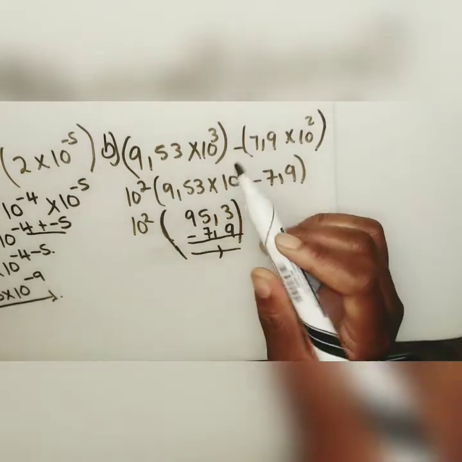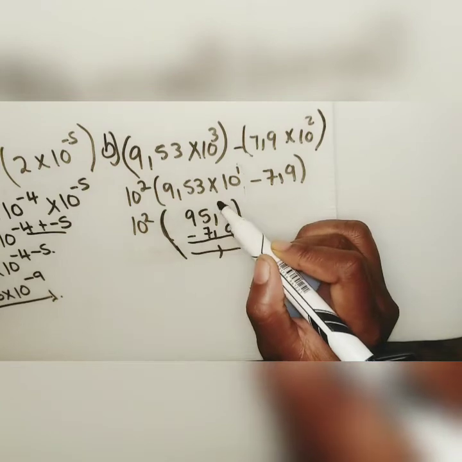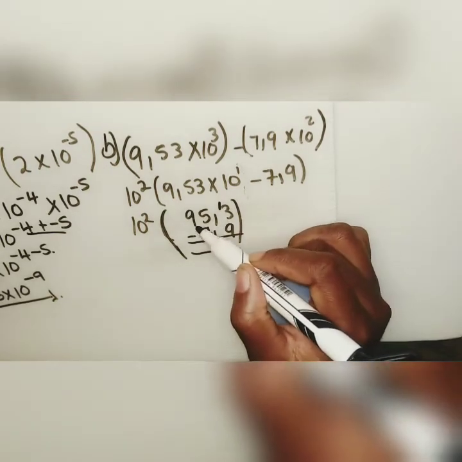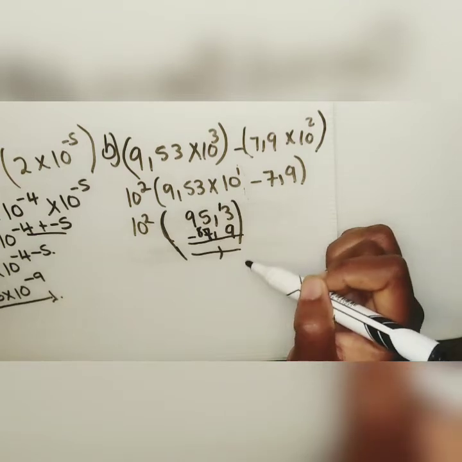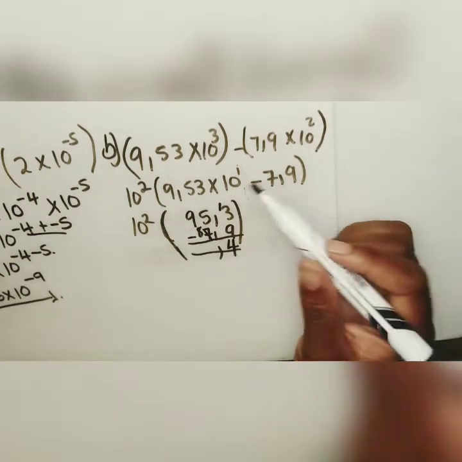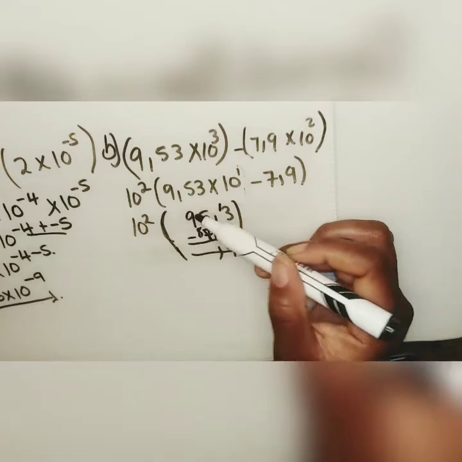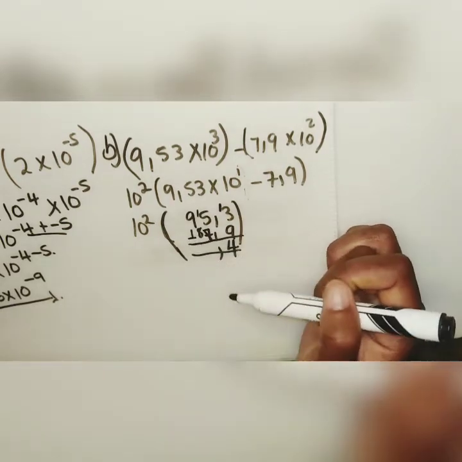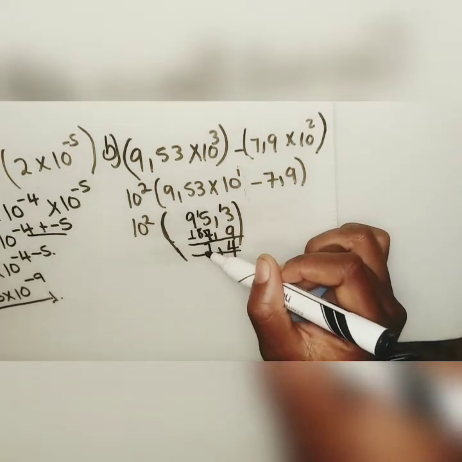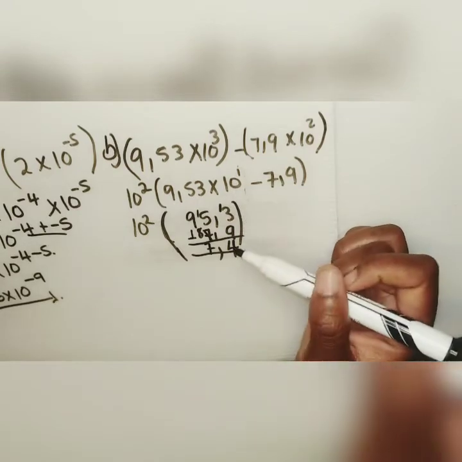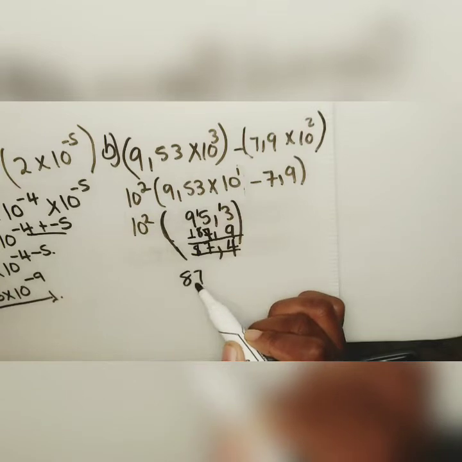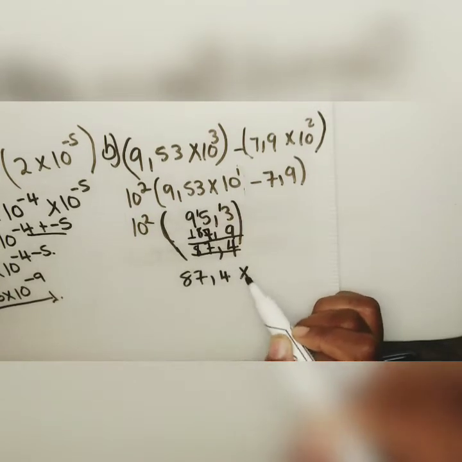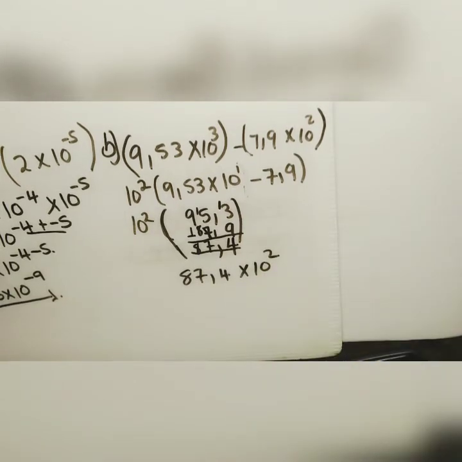So let's subtract. 13 minus 9, that's a 4. And 5 minus 8, it can't, so 15 minus 8, that's a 7. And 9 minus 1, that's an 8. So we are having 87,4 times 10 to the power 2, which is not in standard form, right?